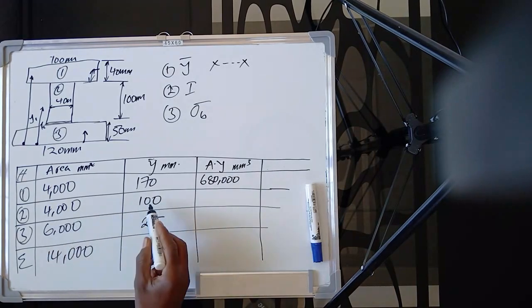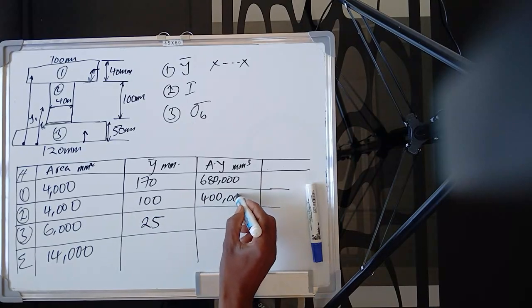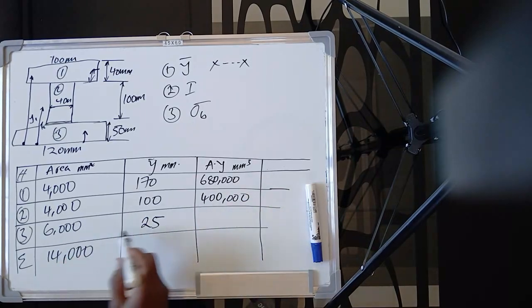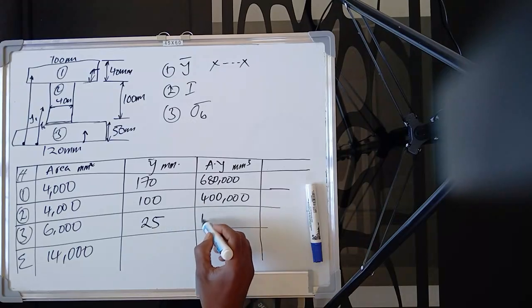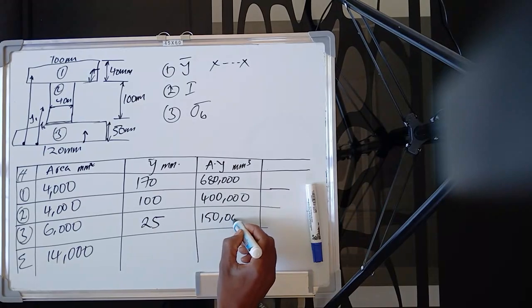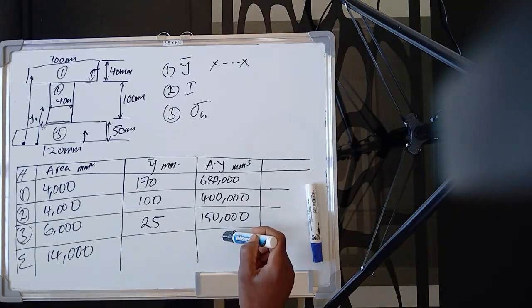Then 4,000 times 100, even from the head you can multiply, should give you 400,000. Then 6,000 by 25 should give you 150,000. Okay, that's if you do your computations very well. Then we sum this as well because we need that.